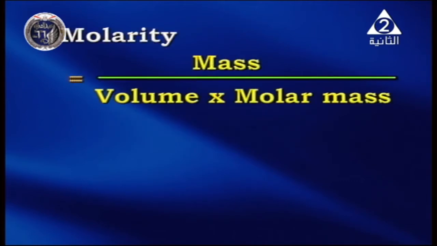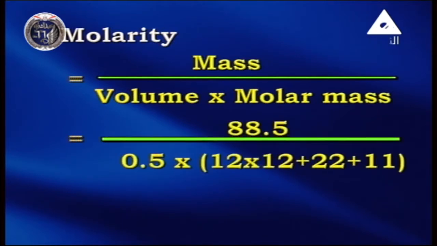So the solution here, the molarity equal mass over volume times the molar mass. So 88.5 over 0.5 times 12 times 12 plus 22 plus 11. So it will be 1 molar.